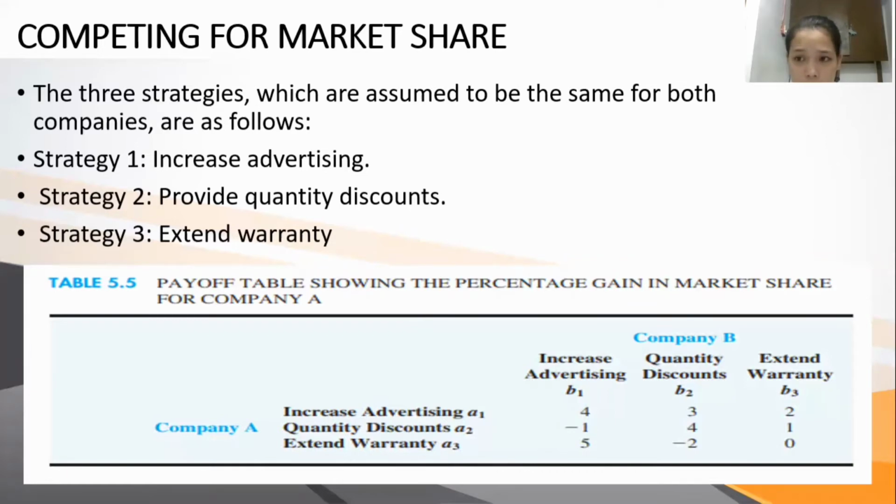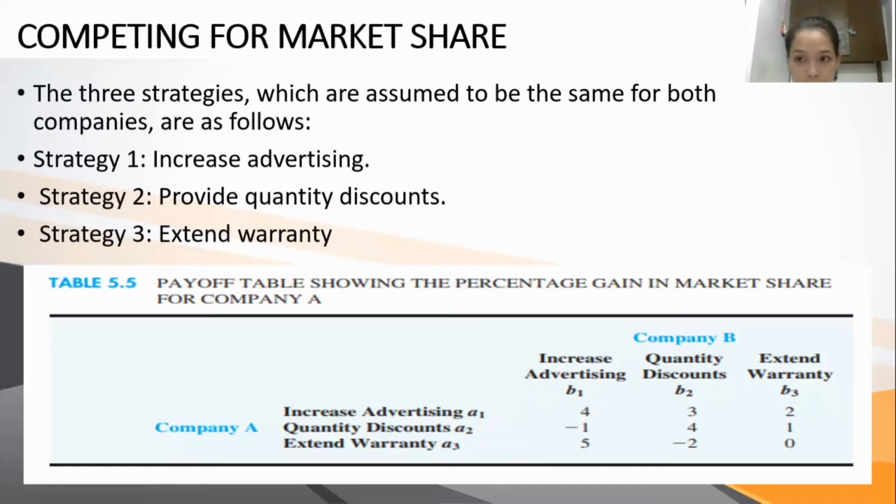Since it is the percentage gain for the market share of company A, all the positive values in each combination of strategies mean that the effect on company A will be an increase. If it is positive for company A, then the result for company B will be negative.